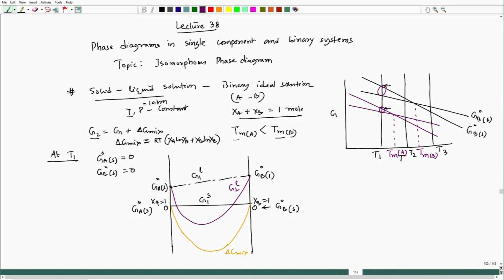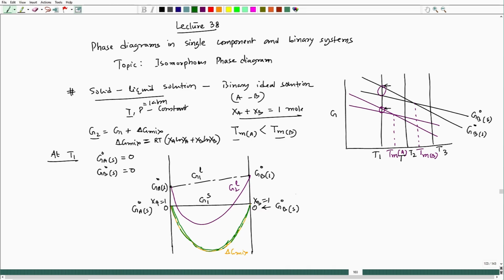Now, if I try to draw G2 solid, G2 solid will fall exactly over delta G mix. I am drawing another curve very close to it. Please understand that this is actually falling on the same delta G mix.